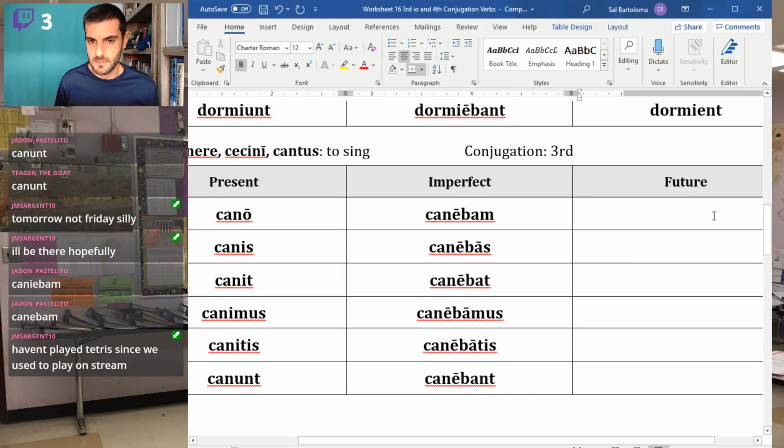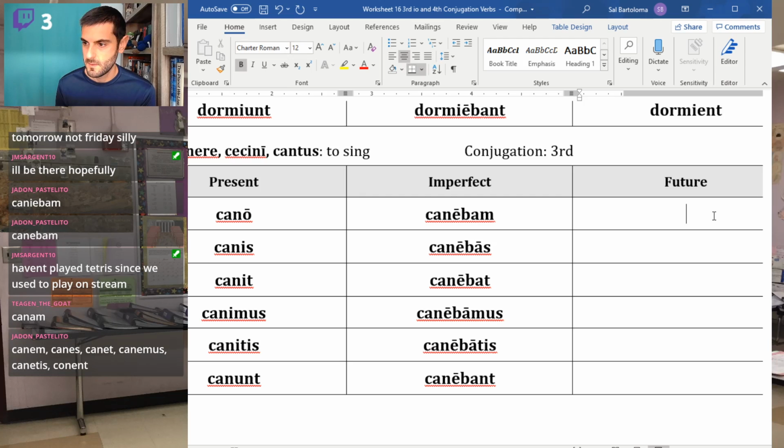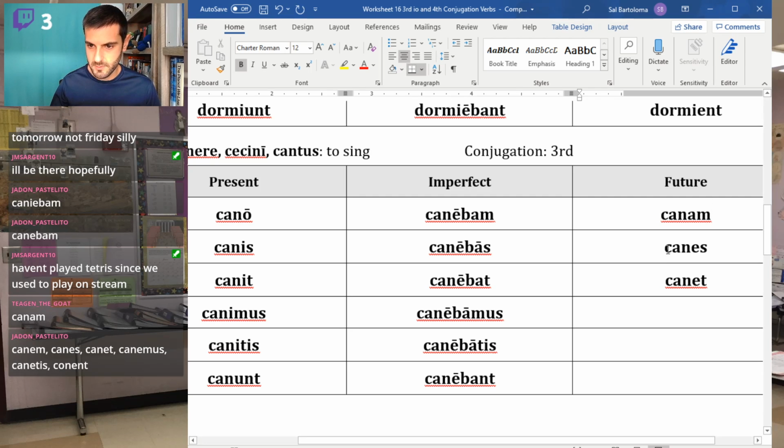And then, last but not least, the future. How would we do future for cano? So the first one would be canam, and then we have canes, which it auto-corrected to canes.